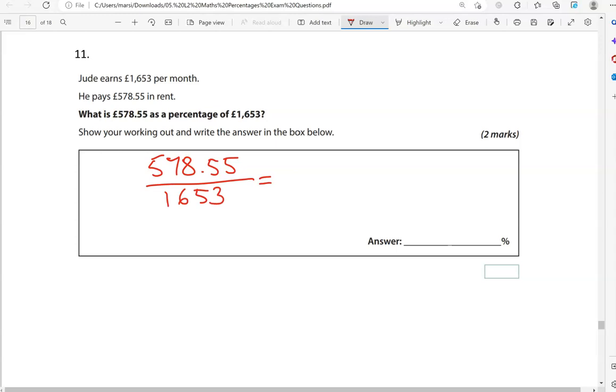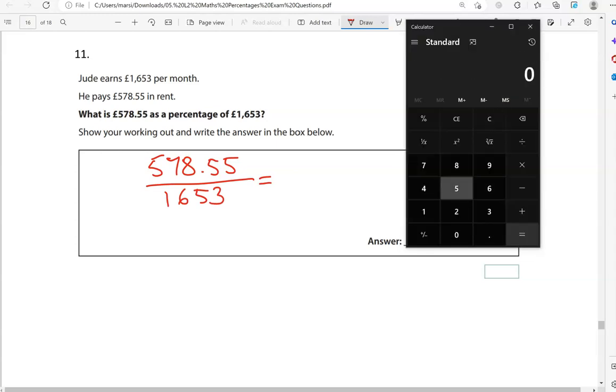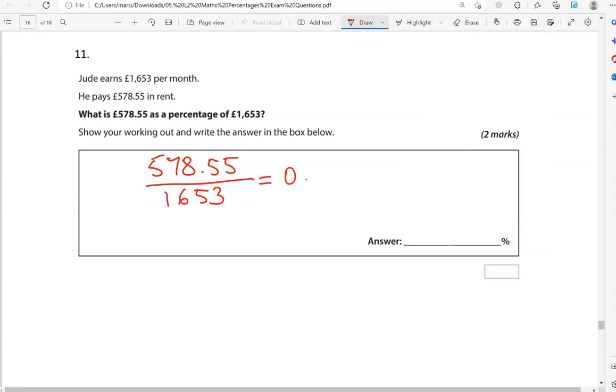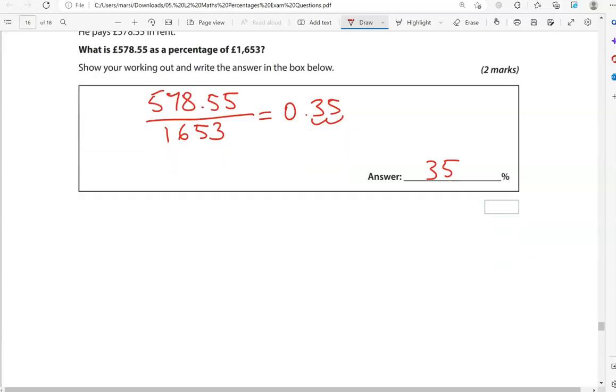So using a calculator, we'll divide 578.55 divided by 1,653 gives us 0.35. So that is 35%, just like 35 pence in a pound.